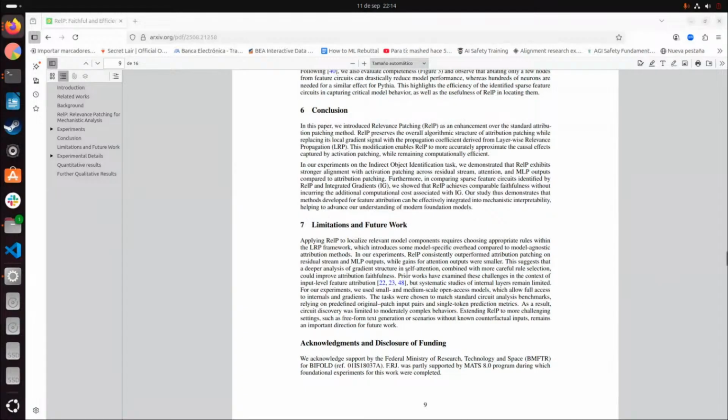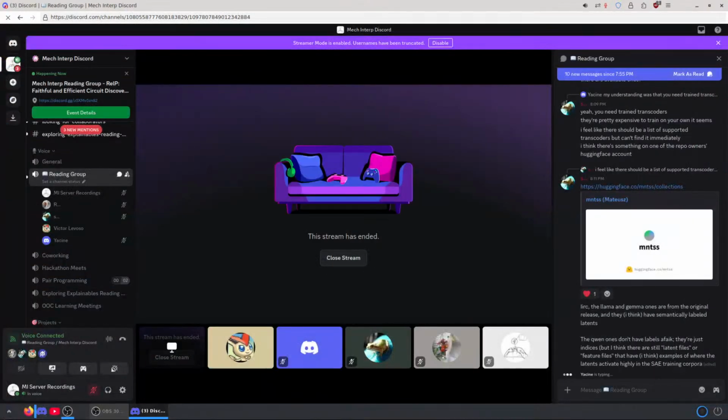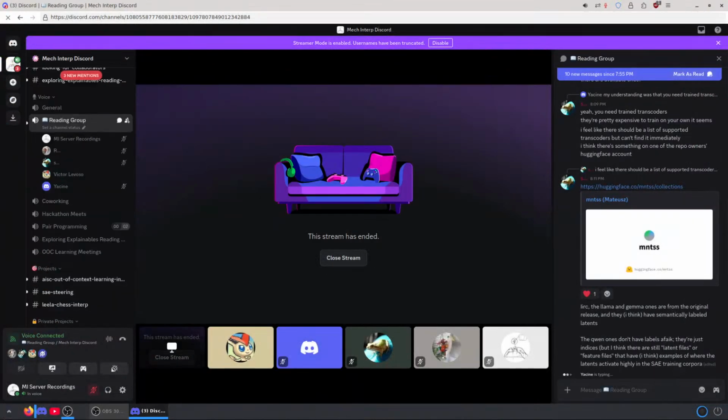I see people are still writing on the chat. I think the writing's probably not directly related to the paper. It's probably about interpretability stuff.